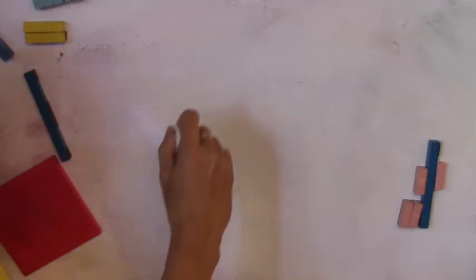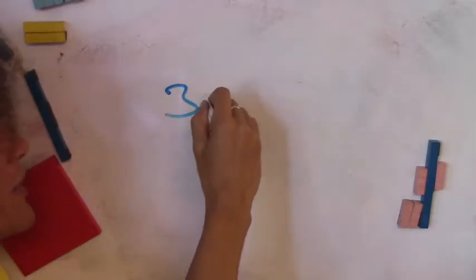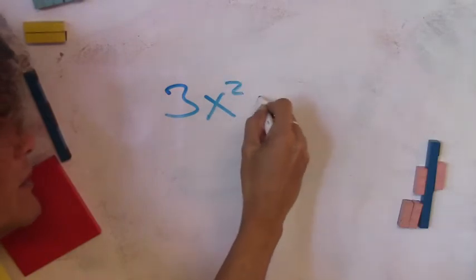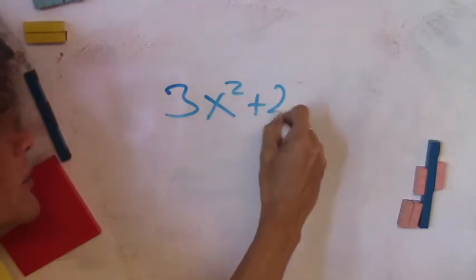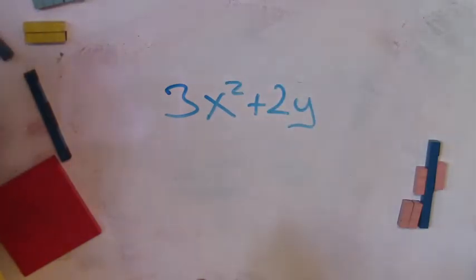So let's say I have, what kind of algebraic fraction? Let's do a find the ones kind. We're just gonna play find the ones. Wait, can we literally play What's Under the Cup?